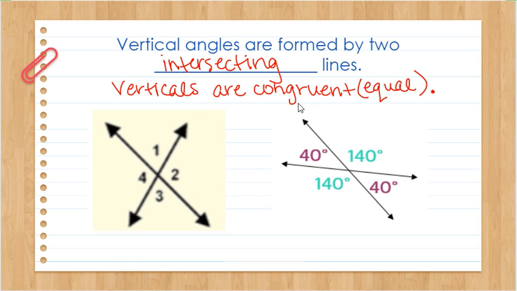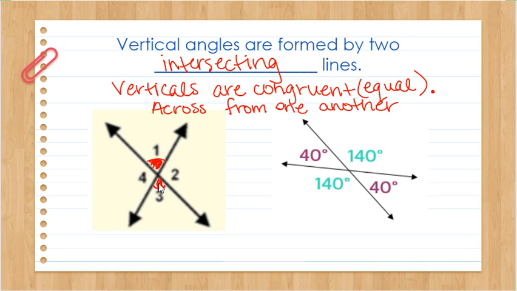All right, another way to remember vertical angles is that they are across from each other. Across from one another. All right, so an example on your paper is this angle 1 would be across from angle 3.